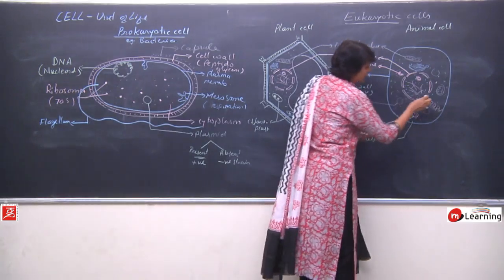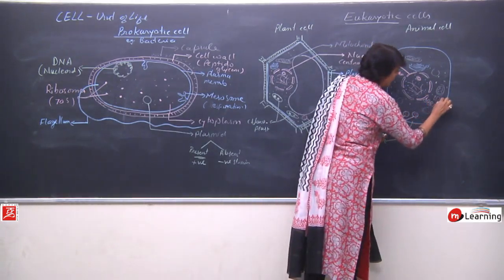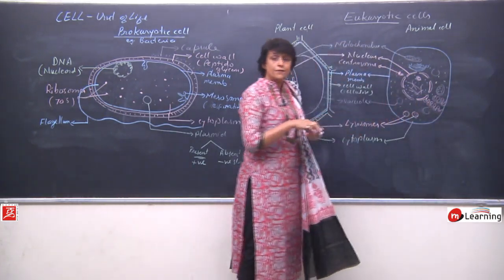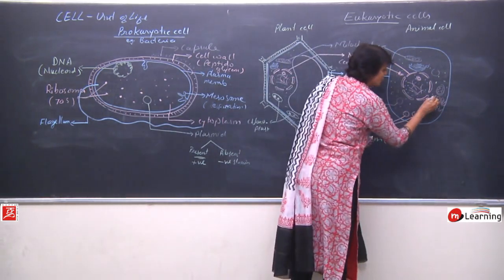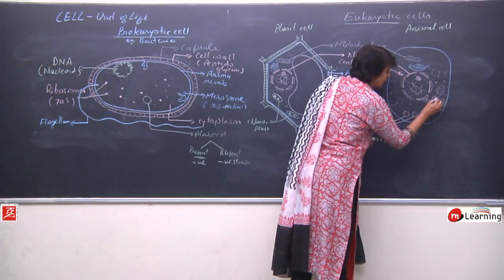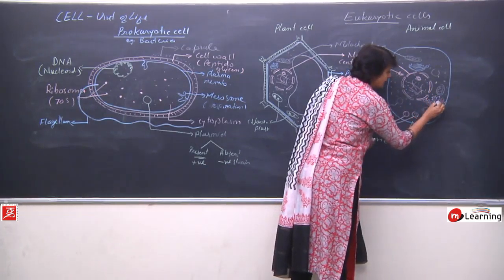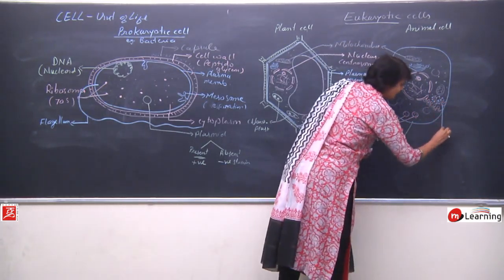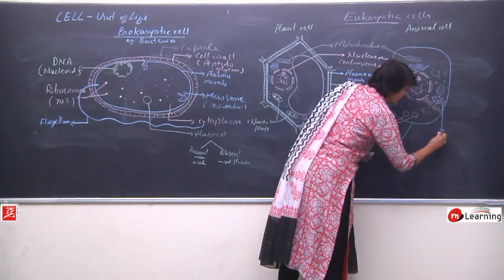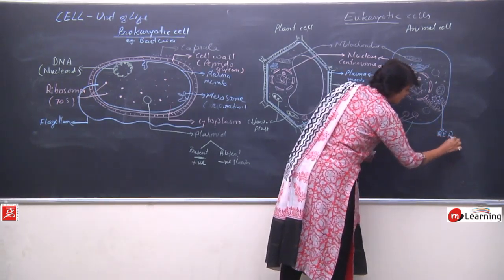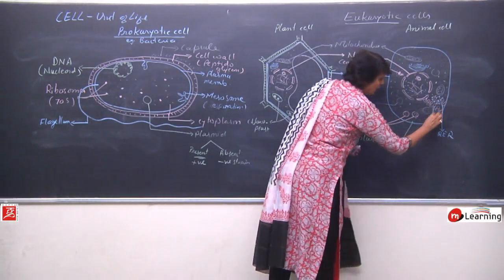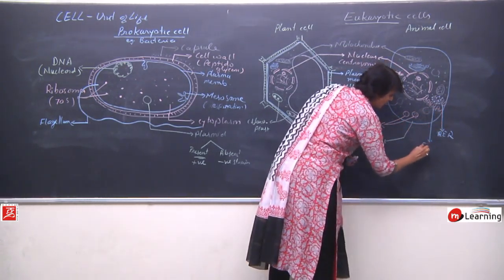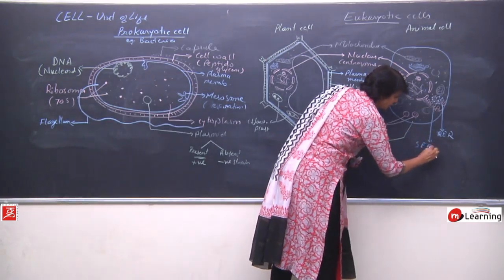And one more which we can draw here. Now, what makes one smooth and the other rough is the presence of ribosomes on it. If the membrane is studded with ribosomes, this will be called RER, rough endoplasmic reticulum, and the one which is without ribosomes is the smooth endoplasmic reticulum.